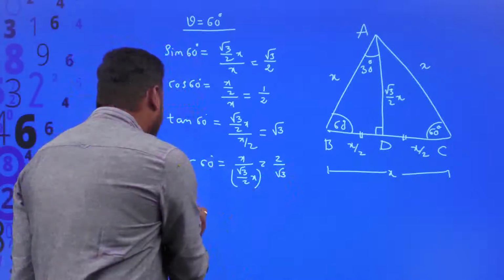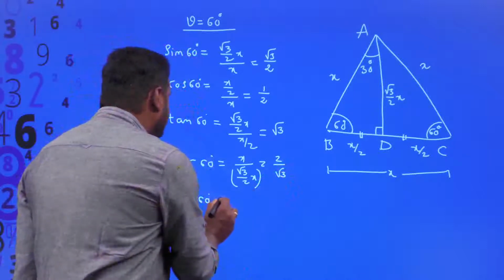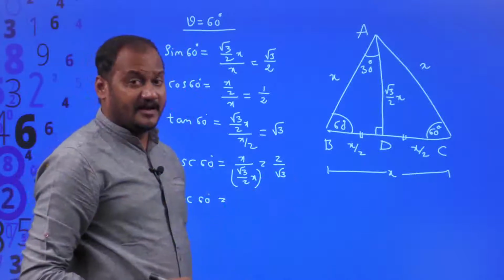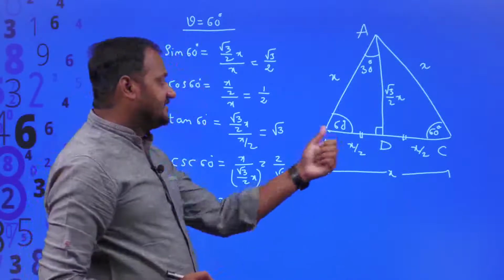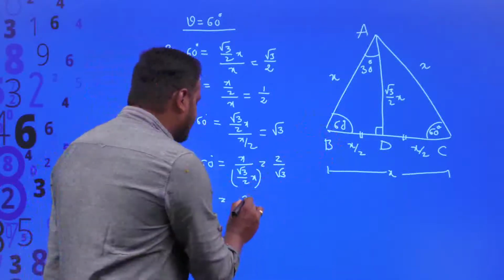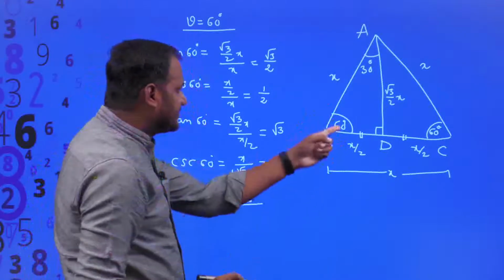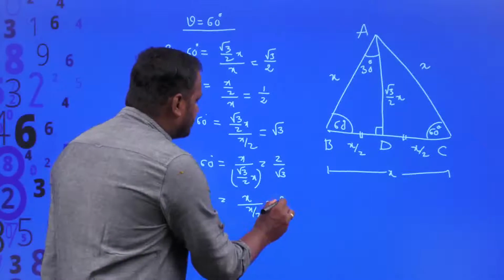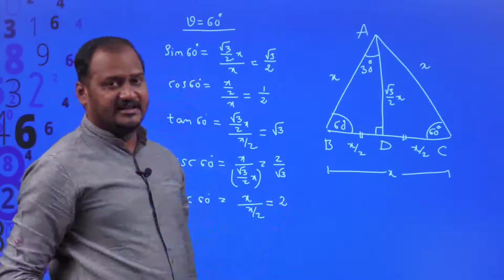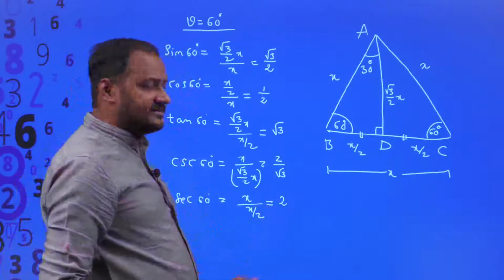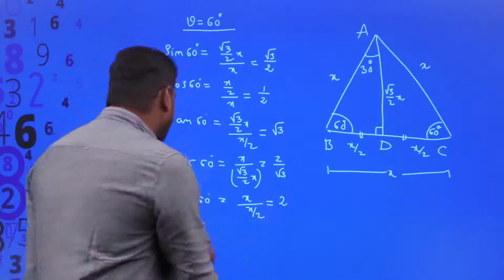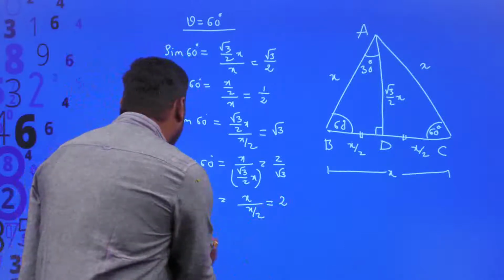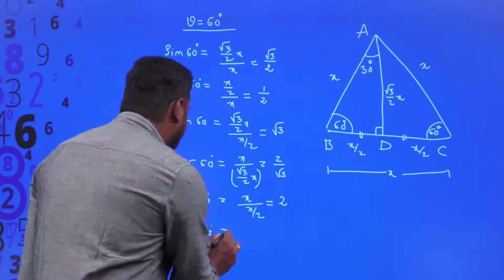And coming to secant 60 degrees, secant 60 degrees is equal to hypotenuse by side adjacent to 60. Hypotenuse is x divided by side adjacent to 60, that is x divided by 2. So x cancels, 1 by 2 becomes 2 by 1, that is equal to 2. And coming to the last trigonometric ratio, that is cot 60 degrees.